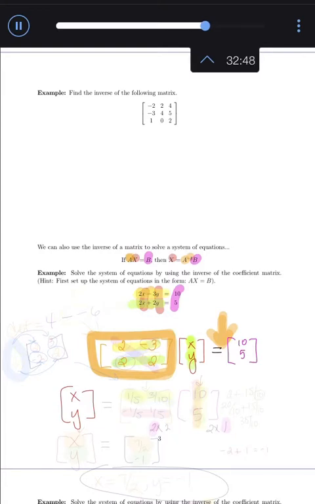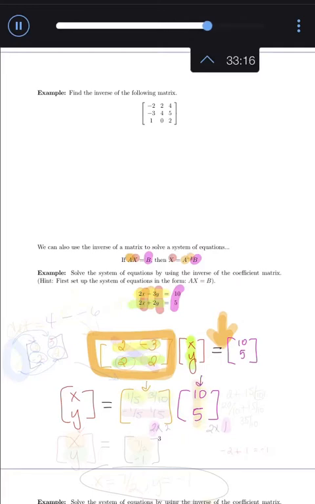So we will say that this thing equals, and we will put the inverse matrix right in front of that matrix B, which has got the 10 and the 5. So I need to put the inverse in here first, and then I can go ahead and multiply it times your matrix B, and then that will give me what X and Y are.